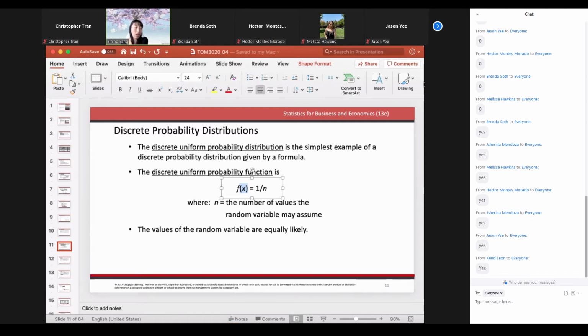If I have 18 students on my roster for today's class and I randomly call a name, what's the probability that your name gets called? It's simply 1 over 18. So that's uniform probability. It's a simple, straightforward calculation, but I want you to understand that this is uniform because each probability is the same.